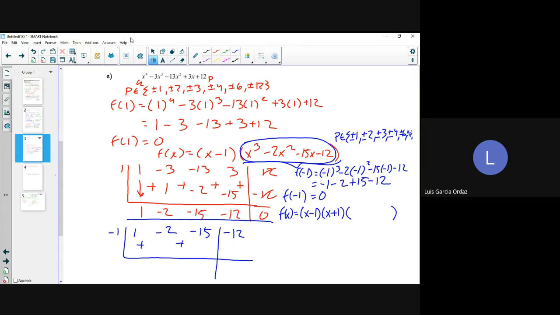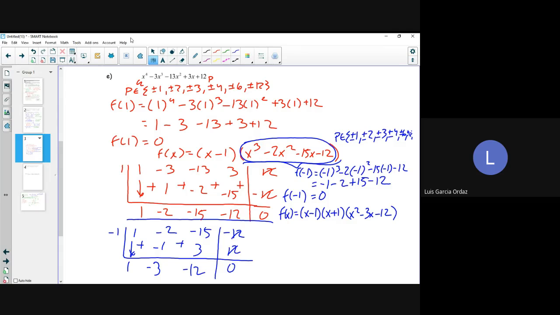So what's the first thing we always do is we drop down our 1 first, for the first term. And then all you do is multiply. So negative 1, zero. So our trinomial is x squared minus 3x minus 12.